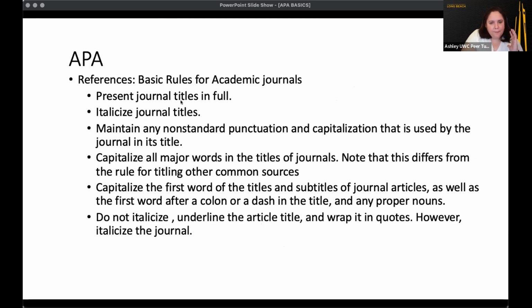Okay, so for basic academic journals, you're going to want to write the title of the journal in full and italicize the journal title. Maintain any non-standard punctuation and capitalization that is used by the journal in its title, and capitalize all the major words in the title of the journal.